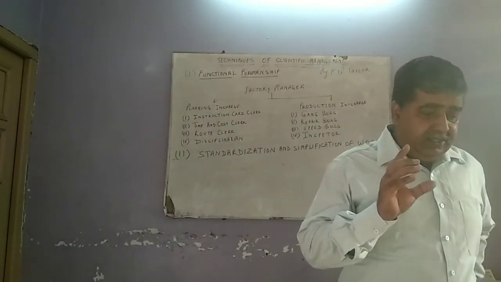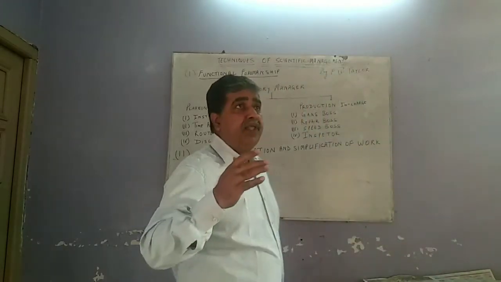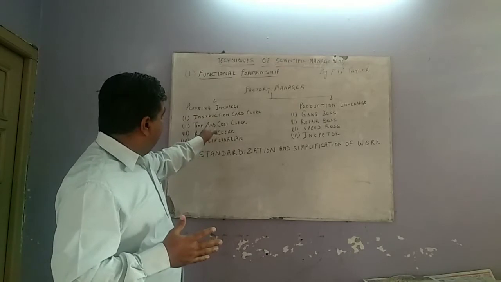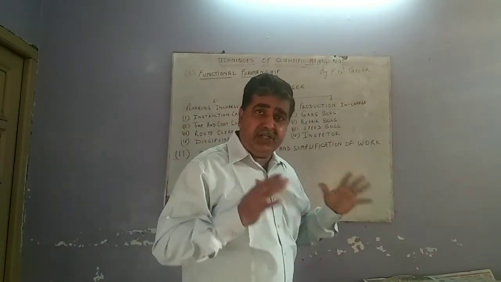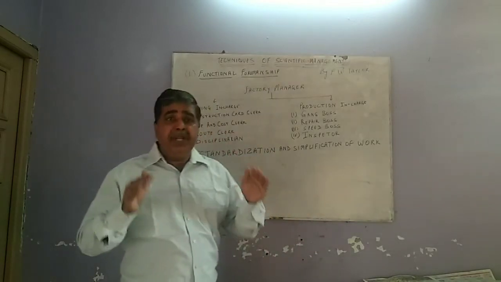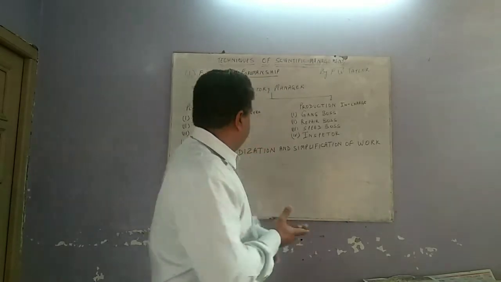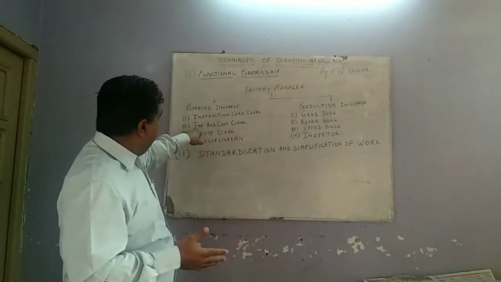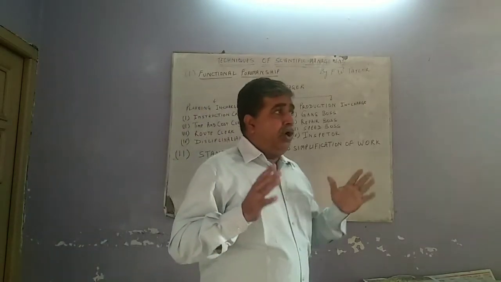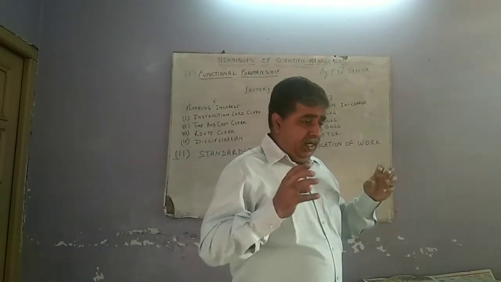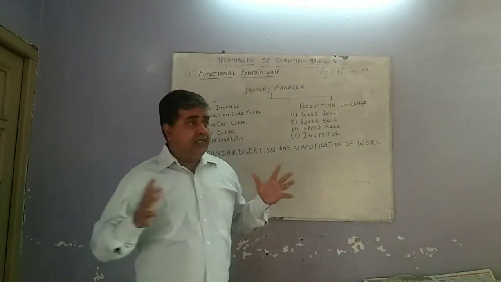Under this process, we see that this manager will see how to minimize the cost of the production and how to minimize the time taken in the production process. And this time is determined on the basis of the average time taken by the different workers.